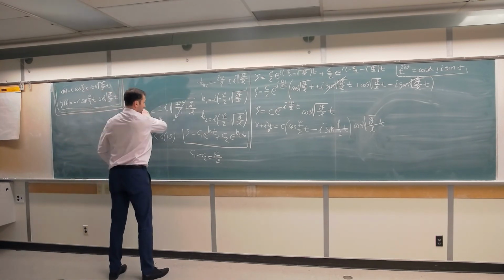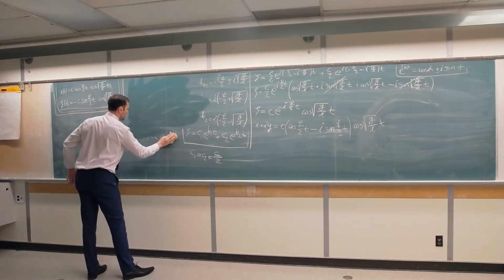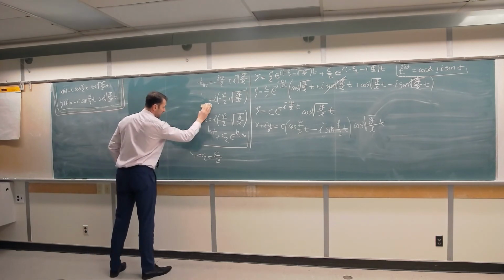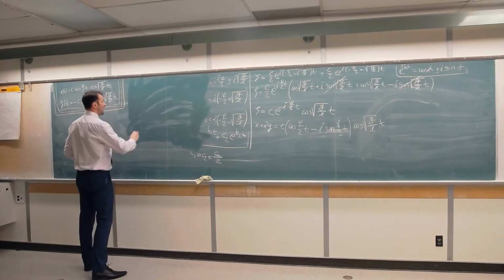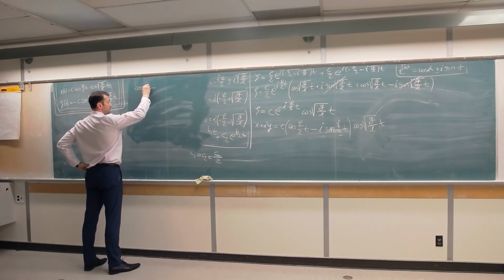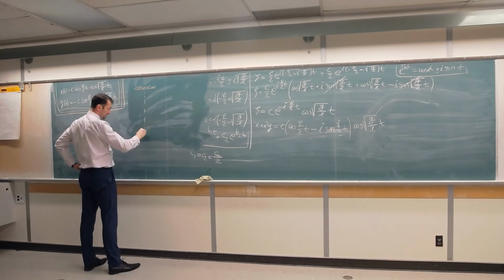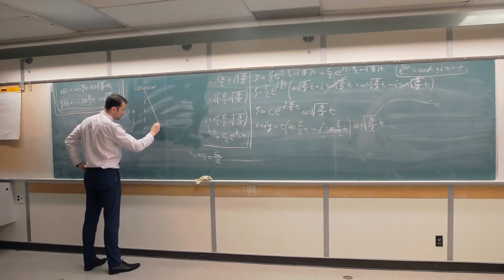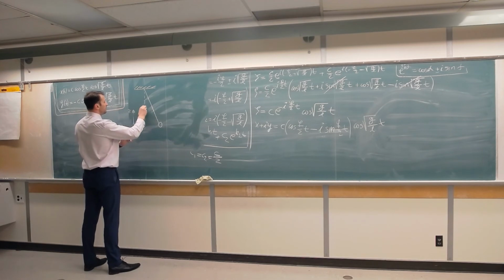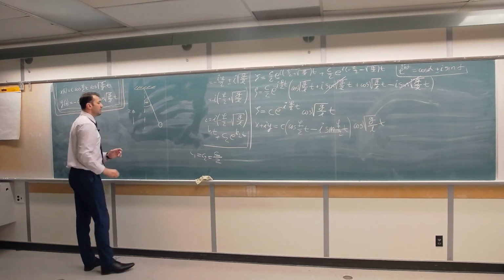Let's remind ourselves, what did we do here late in the evening? So we had a pendulum, this is equilibrium, this is positive z. The pendulum is displaced from the equilibrium by some small angle theta.